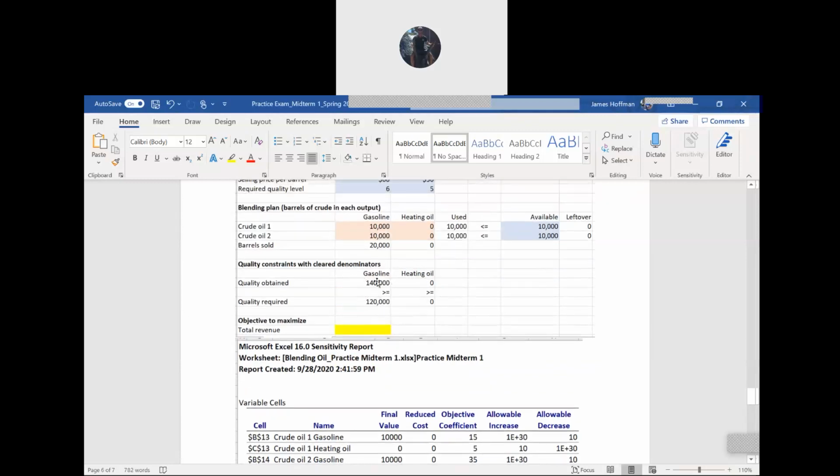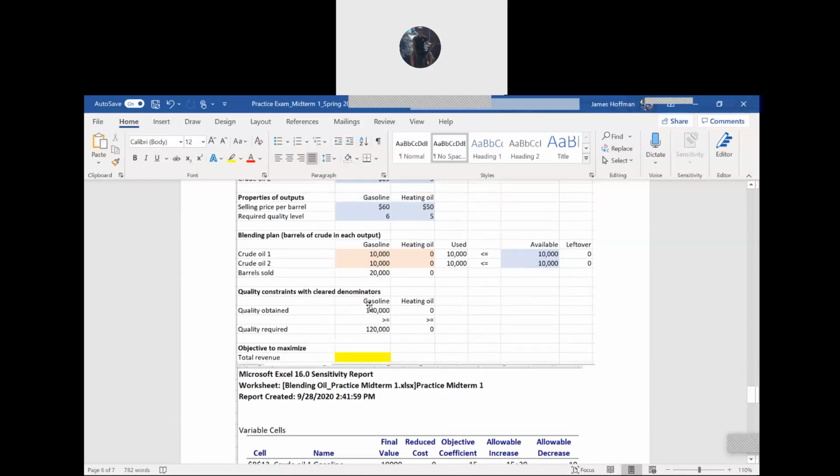And as long as this goes over that, then it's binding, because if we use more than the required amount, then it's binding. So as long as the left side is bigger than or equal to the right side, then it's binding. So in this one, I think they're all going to be binding.